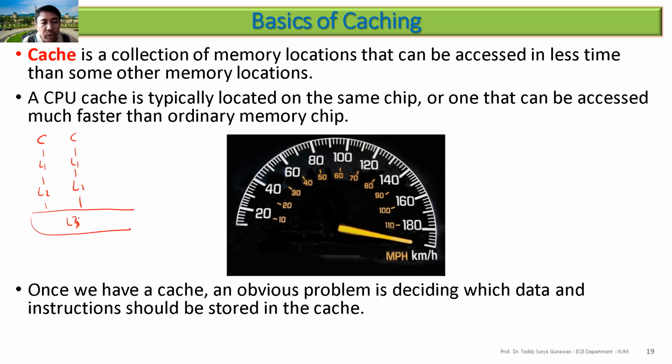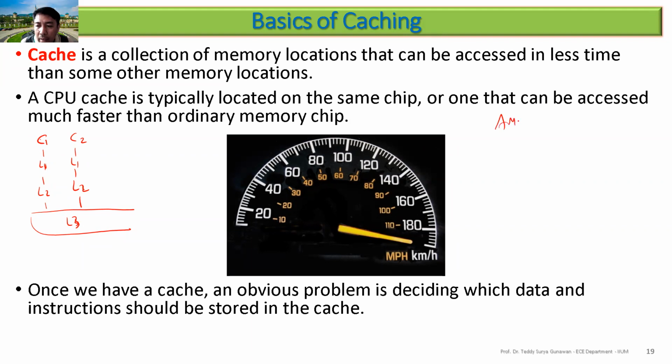It provides shared memory between all cores. So you can see here L1 belongs to core number one, then core number two, L2 also belongs to core number one or number two, but L3 belongs to all. This is the Intel architecture.